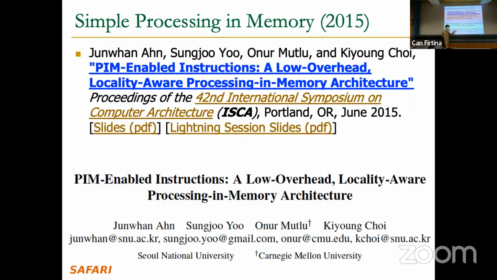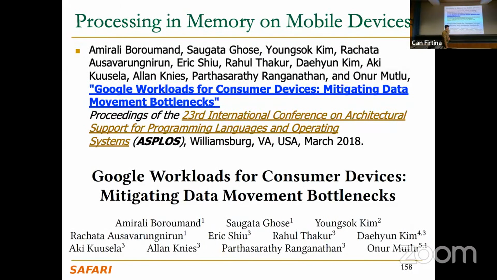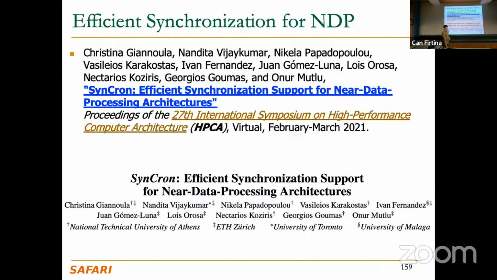Because it's very specialized hardware, a very specialized operation. I also mentioned this one earlier, proposing near-memory processing ideas, in this case for 3D-stacked memory, but instead of placing small compute units in the memory layers, the idea is to place them in the bottom layer, the logic layer that 3D-stacked memories have.